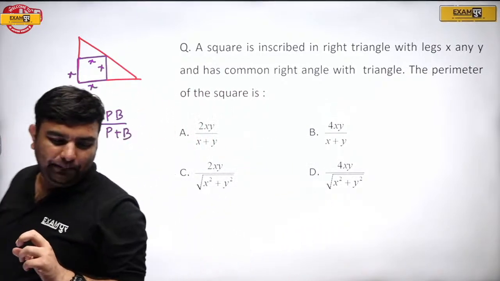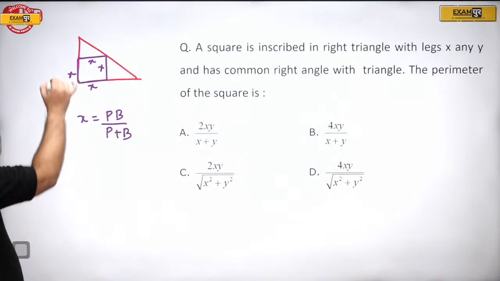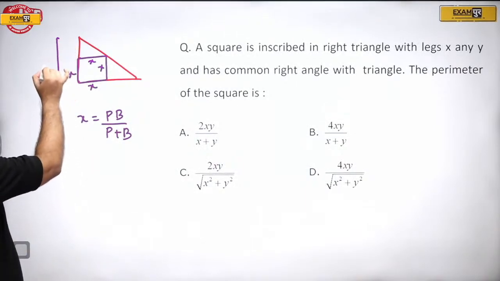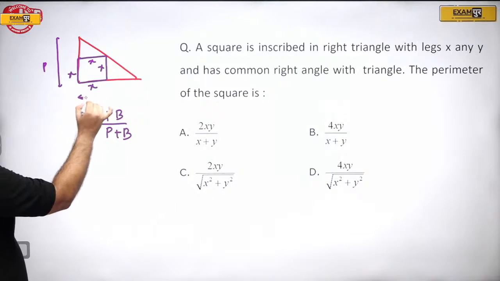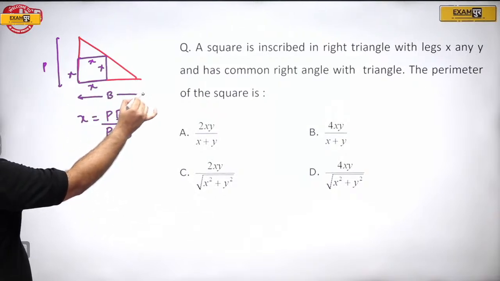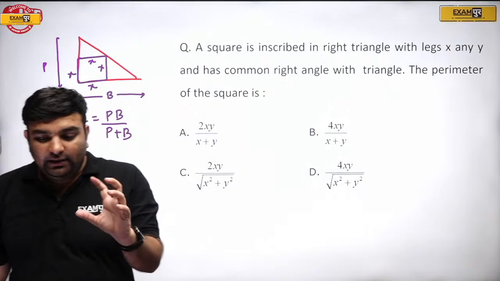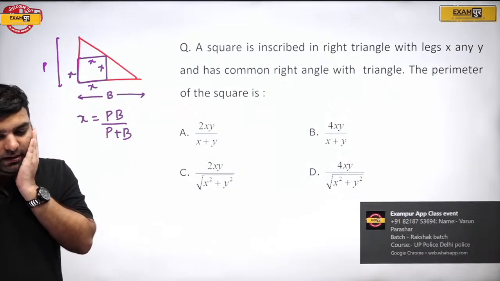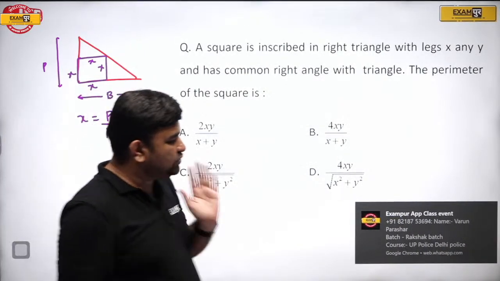This x is p into b upon p plus b. This is the perpendicular side of the right angle triangle and this is the base side. Even the derivation is very easy.